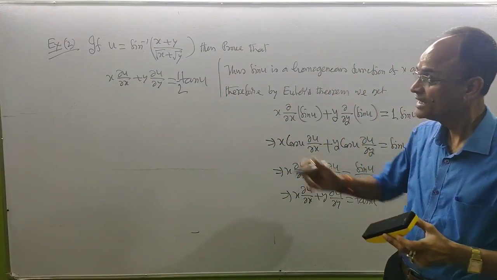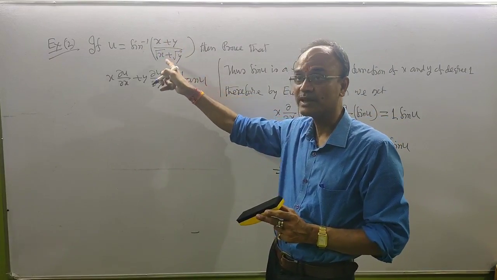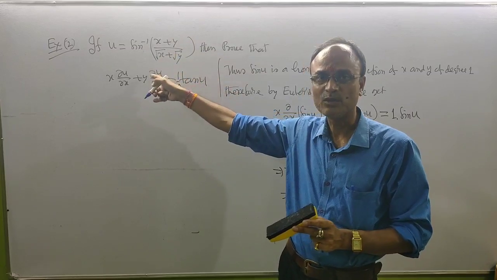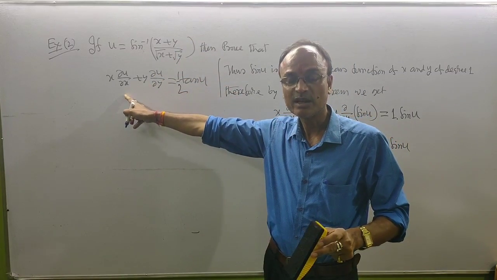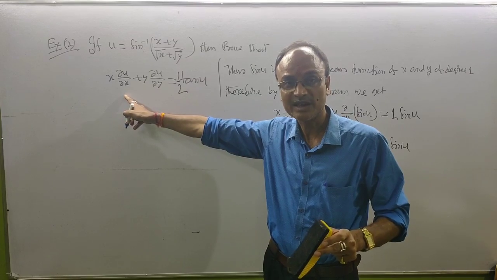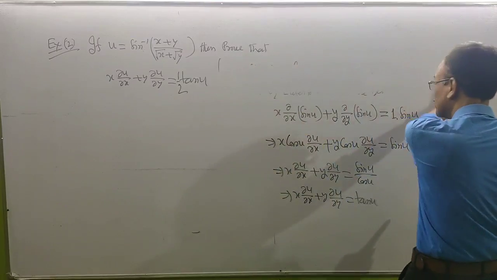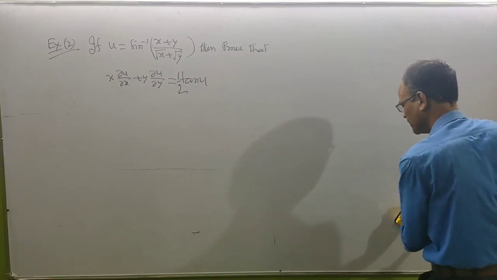If u equals, in place of the previous problem's sin inverse of (x square plus y square) divided by (x plus y), we have written (x plus y) divided by (root x plus root y), then we have to prove that x del u by del x plus y del u by del y equals half of tan u. Now let me solve this problem. Very easy problem.